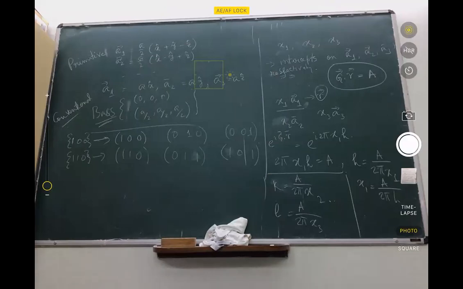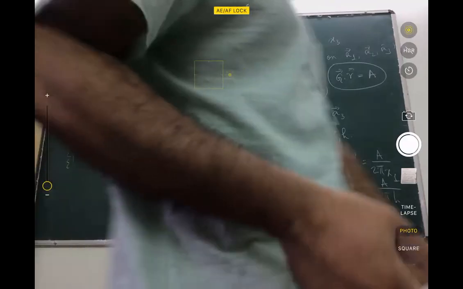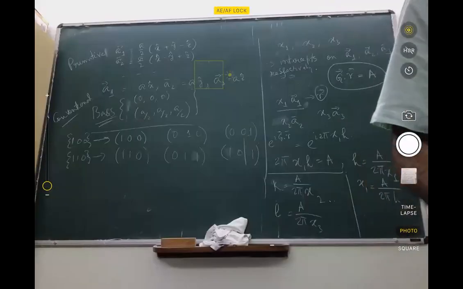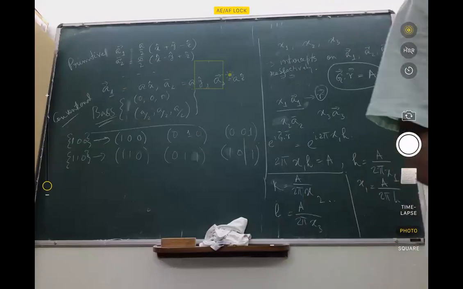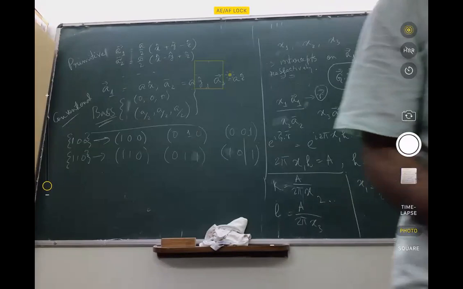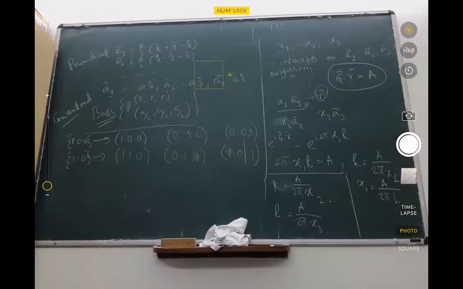Sir, there would be a general rule, right, to find if two sets of Miller indices are given, whether they fall in the same family of planes or not.